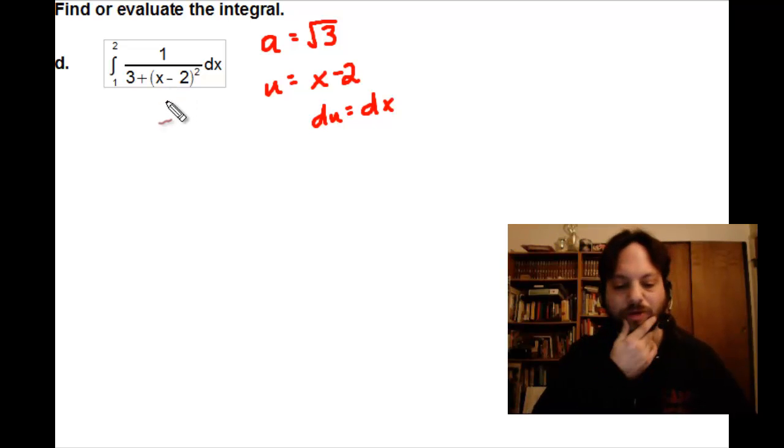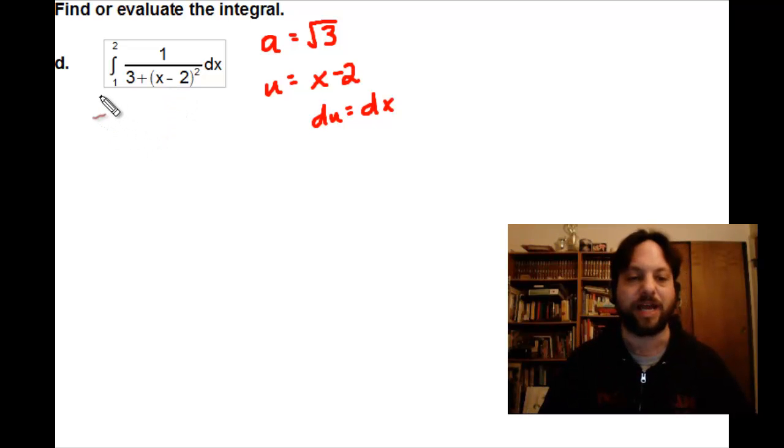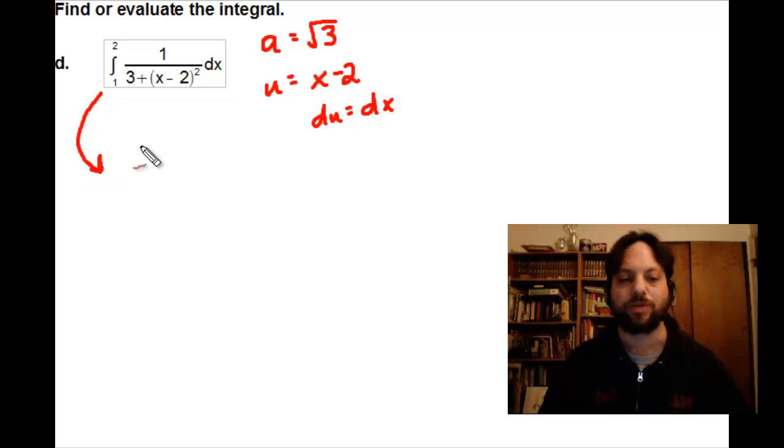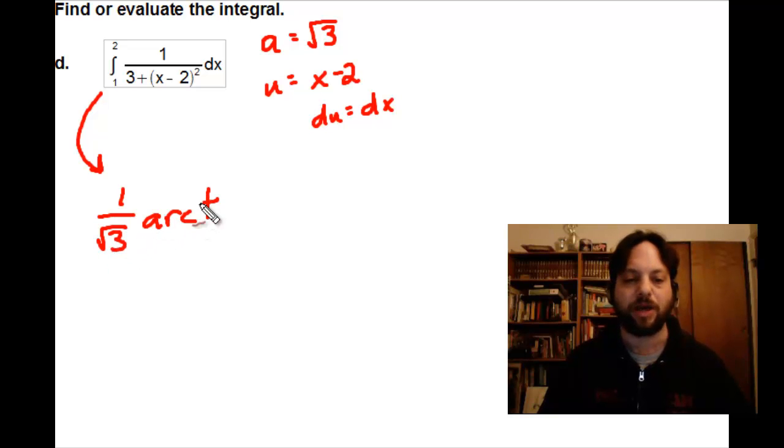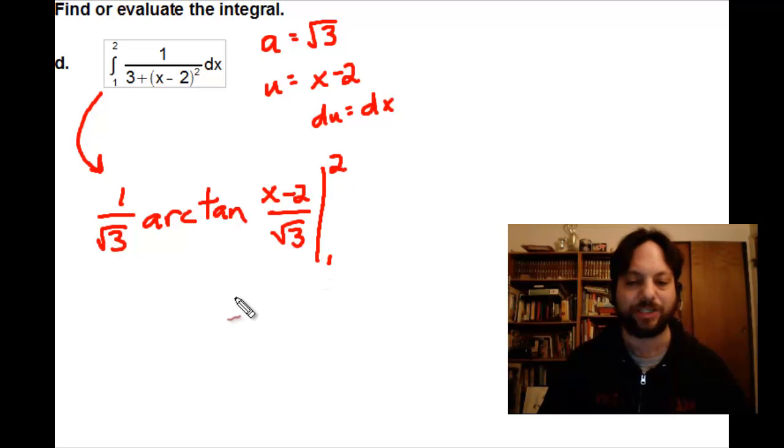So, without doing any substitutions or anything like that, I'm just going to go ahead and write the result of this integral, which would be 1 over the square root of 3 multiplied by the arctangent of x minus 2 over square root of 3. Now, I don't need to put the plus c because this does have bounds on it of 1 and 2.